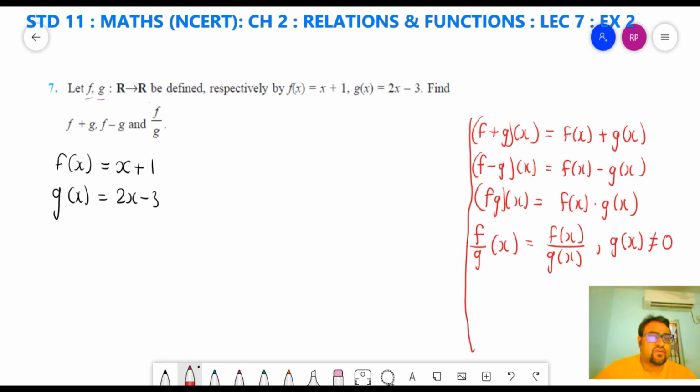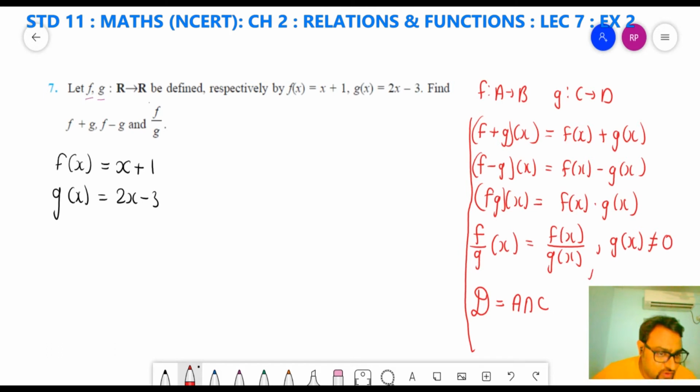Remember this, g(x) must not be equal to 0. And see, if the functions are defined as f from A to B and g from C to D, then in all these cases the domain will be A intersection C. That means you can only take the value of x if it belongs to A and it belongs to C. There is one more thing here.